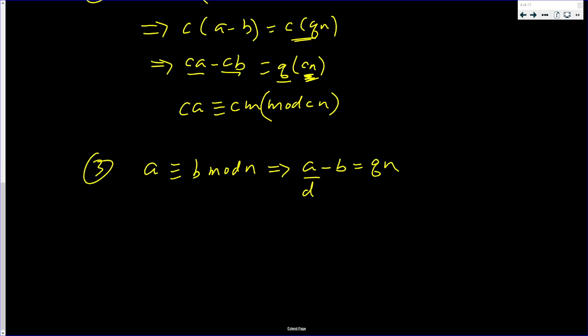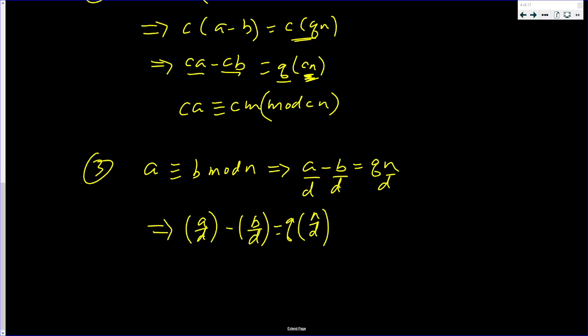A is divisible by d, that is A over d is an integer, B over d is an integer, and n over d is an integer. We're dividing by d. Divide both sides by d. A over d minus B over d is equal to Q times n over d.